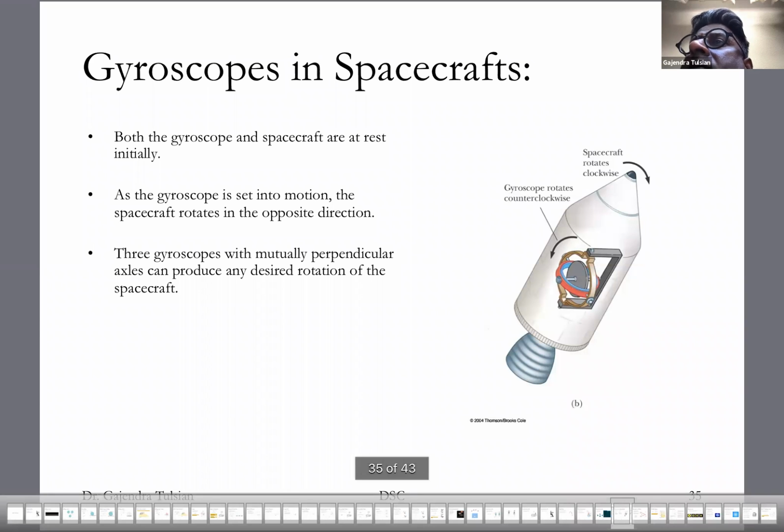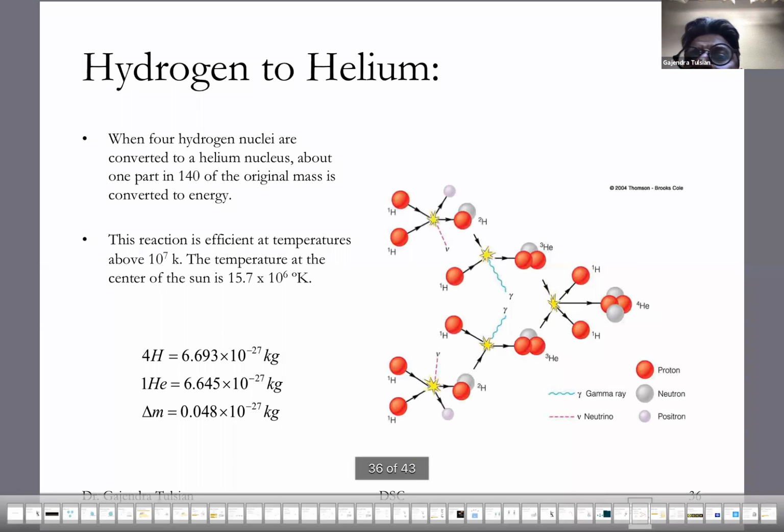Okay, so now let's quickly finish the rest of the slides. We are going to see a spectacular example, in astrophysics, of L being constant, just like the ice skater problem.